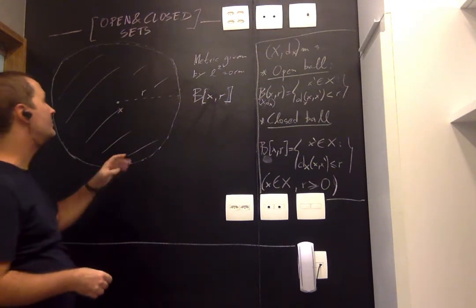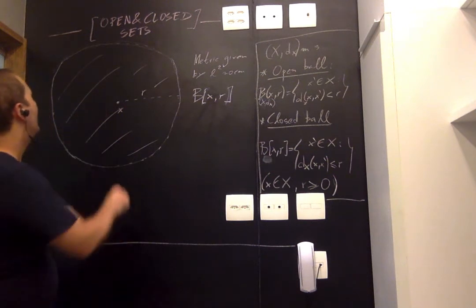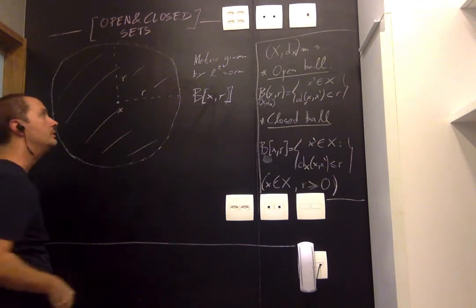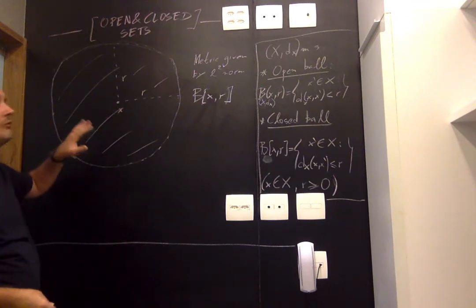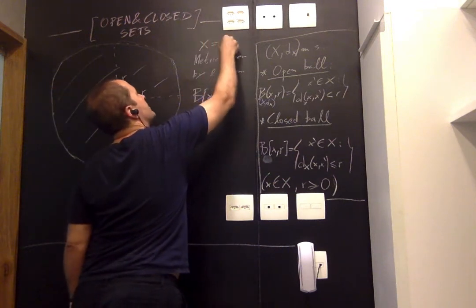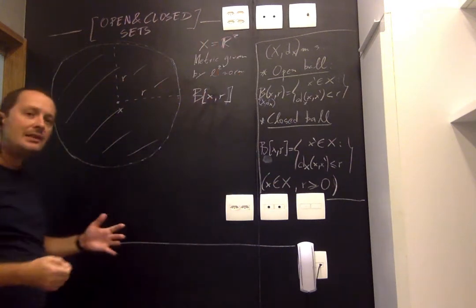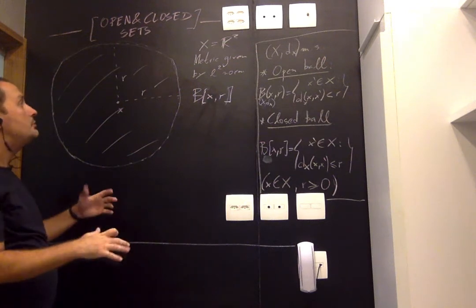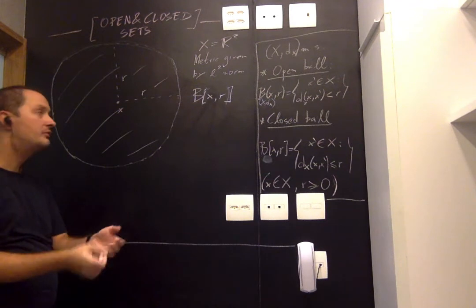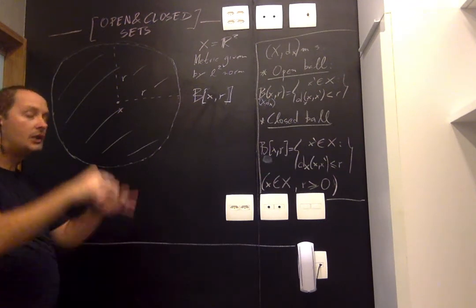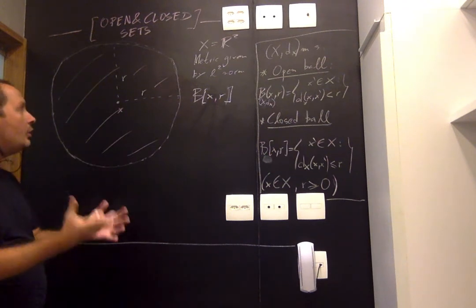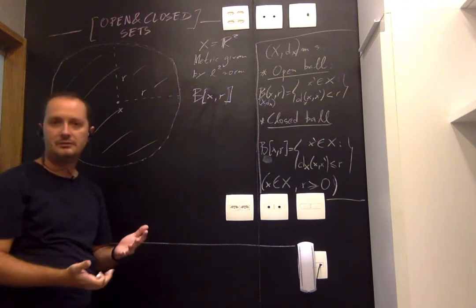It's not quite a Euclidean ball, but I hope you get the idea: the region enclosed by a circle of radius r around x. I'm only talking about circles because I'm implicitly taking X to be R2. In R^d, the closed ball would be the region encompassed by a sphere of radius r around x, including the sphere itself, including the boundary, and the open ball would not include the boundary.